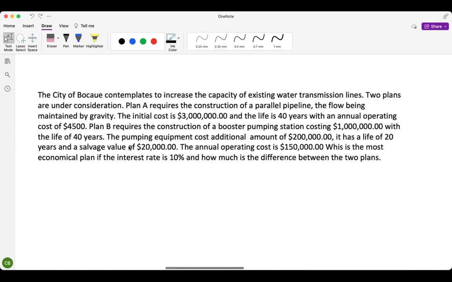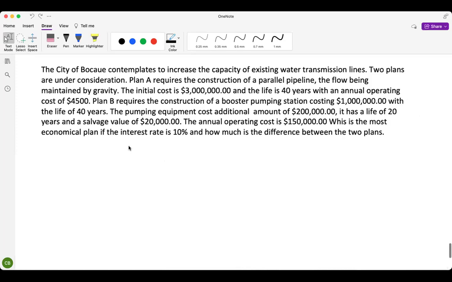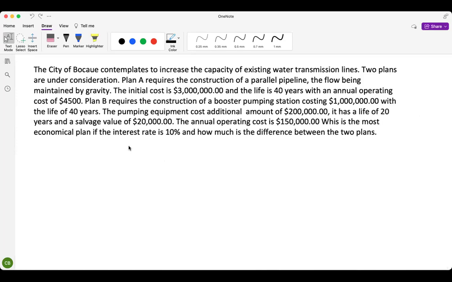The first one to solve: the city of Bocaue contemplates increasing the capacity of existing water transmission lines with two plans under consideration. Plan A requires the construction of a parallel pipeline, the flow being maintained by gravity, which has an initial cost of $3 million and a life of 40 years, with an annual operating cost of $4,500.